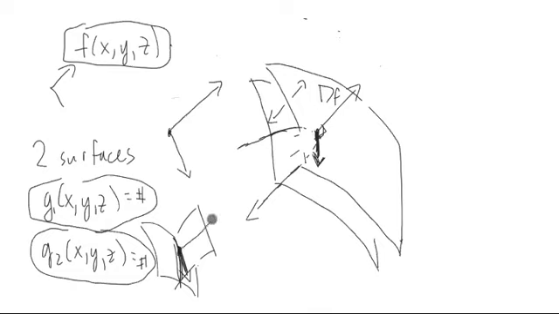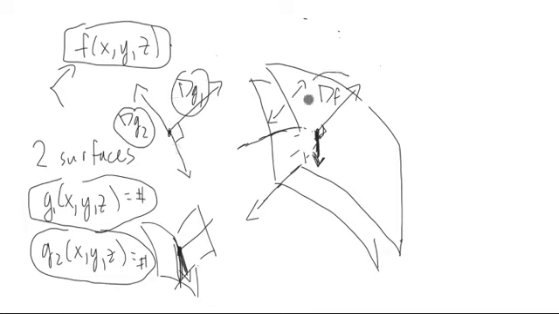So in other words, if this surface is a level surface of g1, then we take the gradient of g1. It's going to be orthogonal to that, but similarly, it's also going to be orthogonal to the gradient of g2. So that means that these two gradient vectors make up the plane of all vectors that are orthogonal to this tangent vector. So if we want this gradient to be orthogonal to that tangent vector, then it better live in the same plane that these two live in.